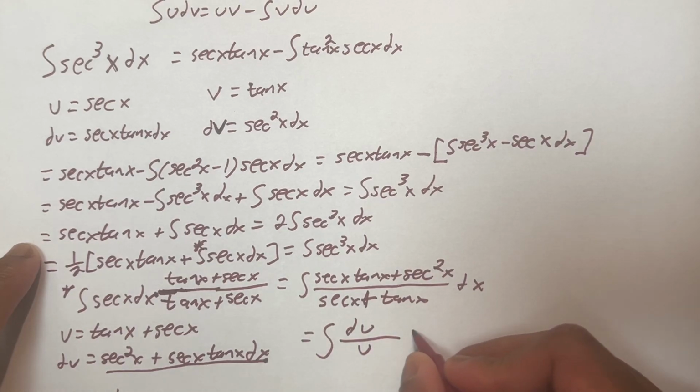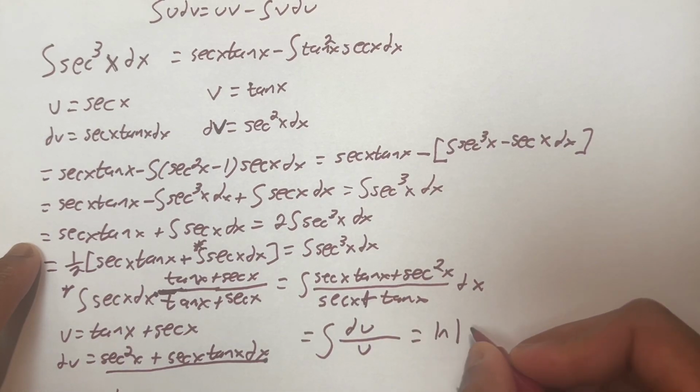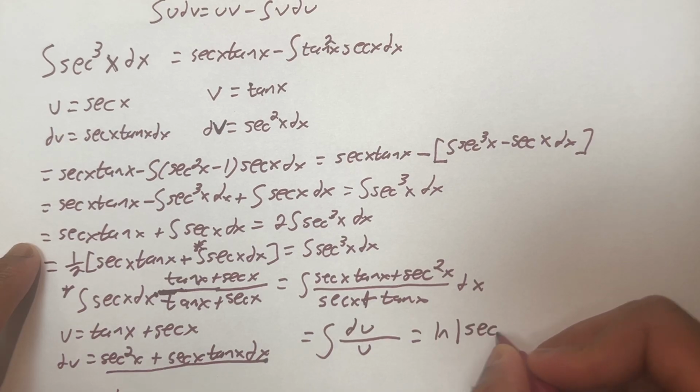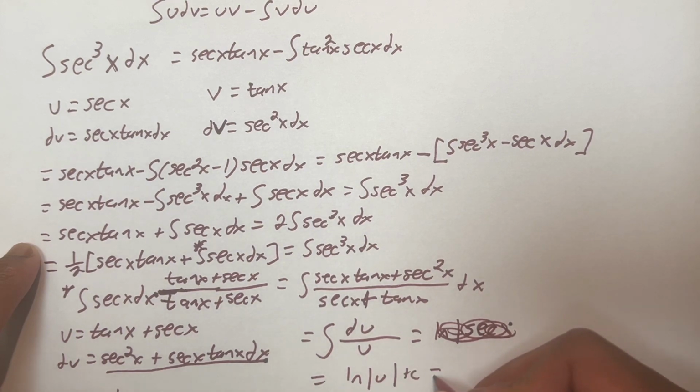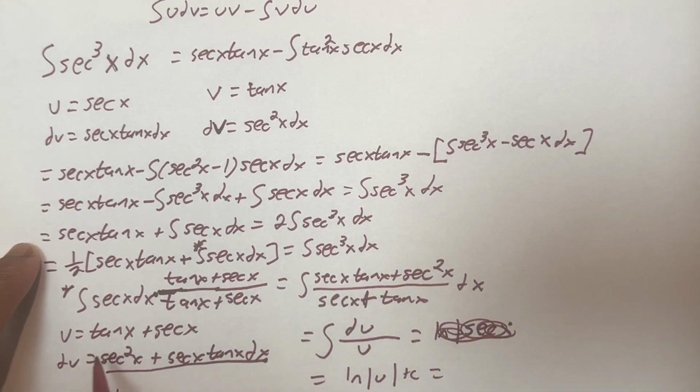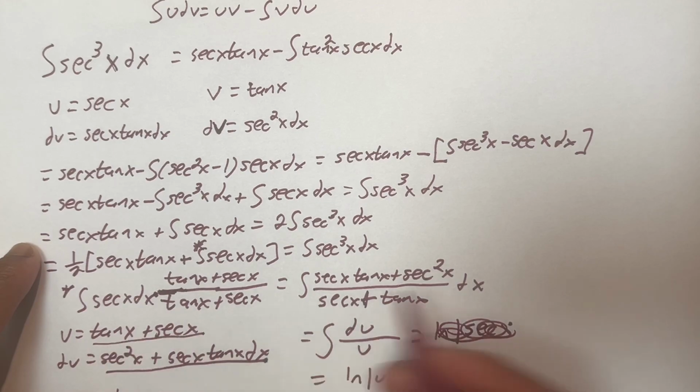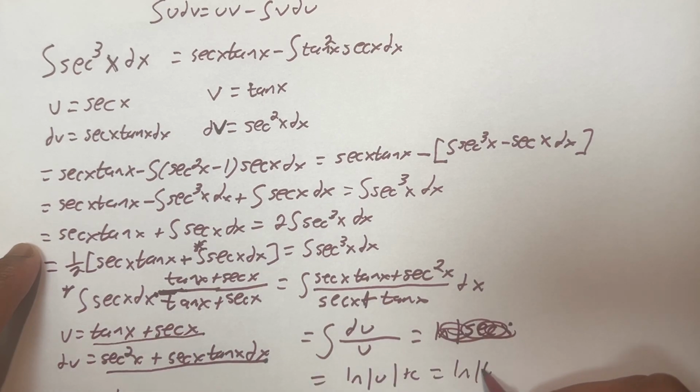So pretty easy integral. We know that this is the natural log of u, I'm getting ahead of myself, plus c, where u equals tangent x plus secant x. So natural log of tangent x plus secant x plus c.